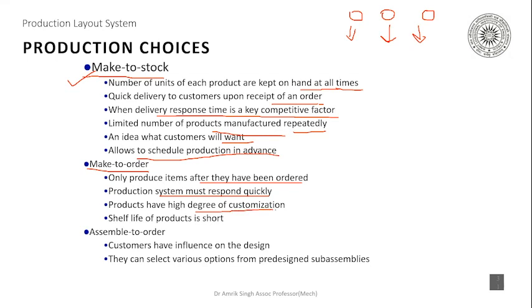If you want a specially made suit, or a tailor made printer, or you want an assembled PC which is tailor made, that is a high degree of customization. So he will make it only when you place the order, and the shelf life of the product is small.